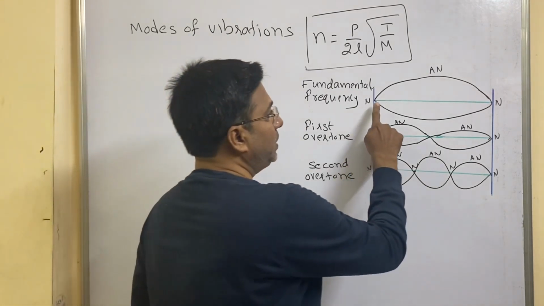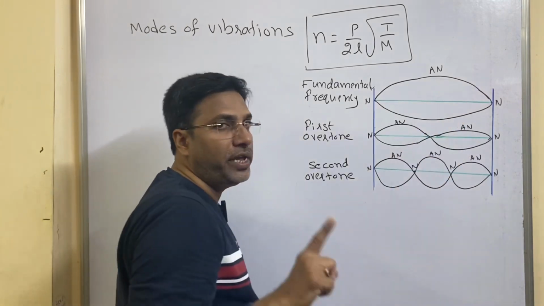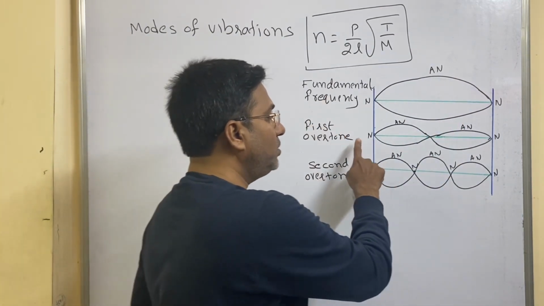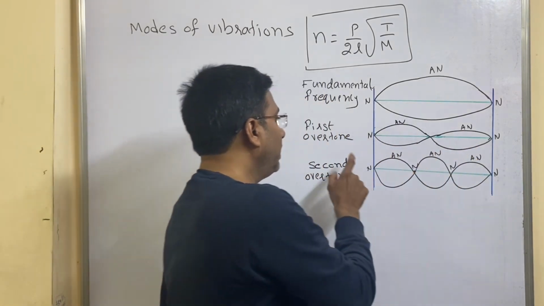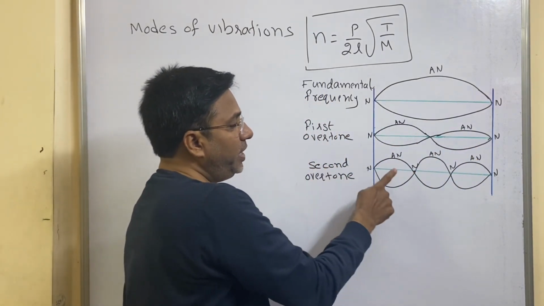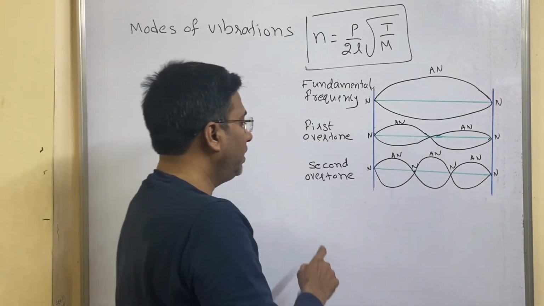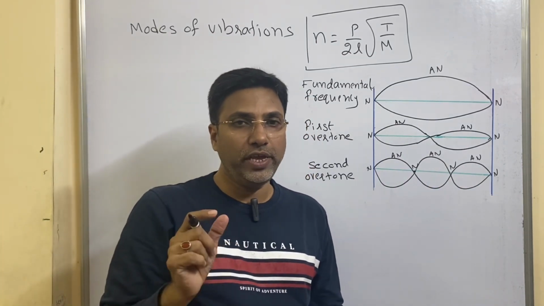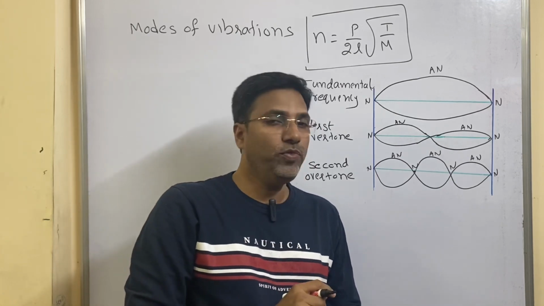When the string is vibrating in one loop, we call it the fundamental frequency. When the string vibrates with 2 loops, that is called the first overtone. If it vibrates with 3 loops, then it is called the second overtone. Now we have to derive the equations for each of them one by one.